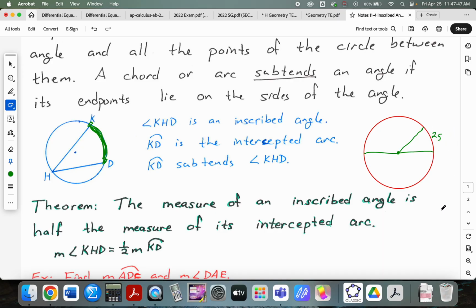So if that arc is 25, then anybody, what's the measure of this central angle? 25. Not particularly difficult, right? And then how can we find the measure of this angle right here that's next to the 25? Yeah, subtract that from 180. So 180 minus 25, it's 155.